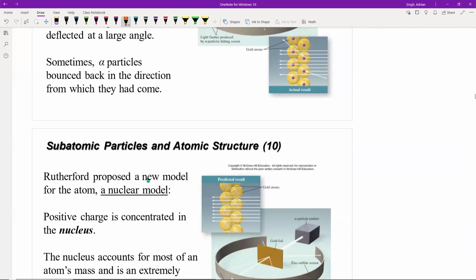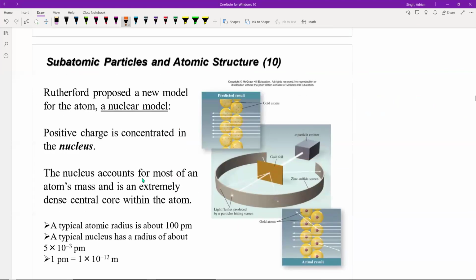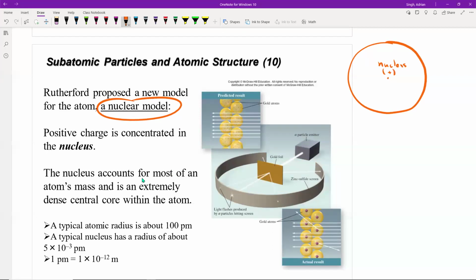So based on this, Rutherford proposed a new model, not the plum pudding model, but something called a nuclear model, where if you can imagine an atom being spherical, he proposed that at the very center of the atom is a region called the nucleus. And this nucleus is positive. And this is why when they bombarded these gold atoms in this case with the positive alpha particles, most of them went right through. Okay, it's mostly empty space, went right through the atom.